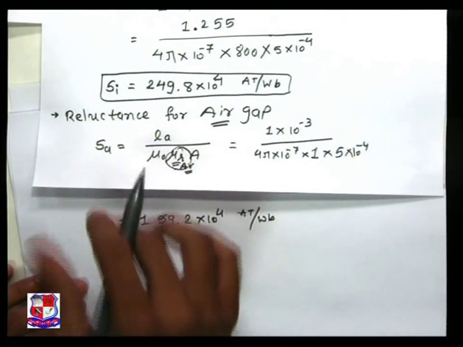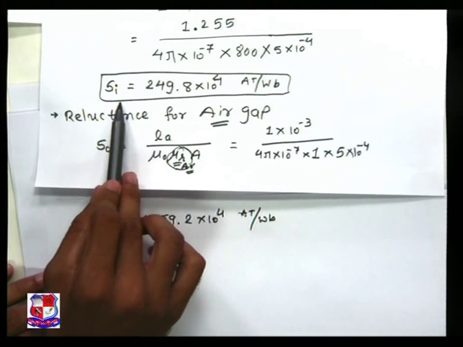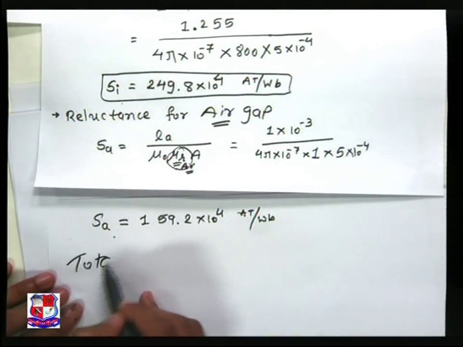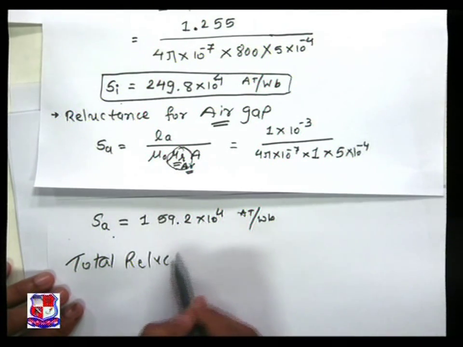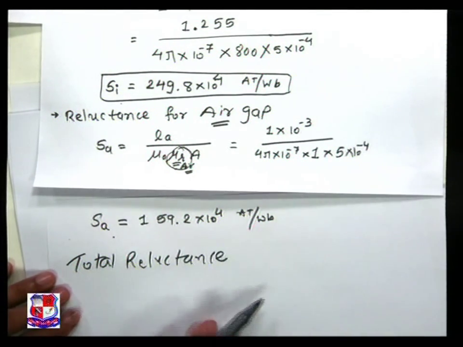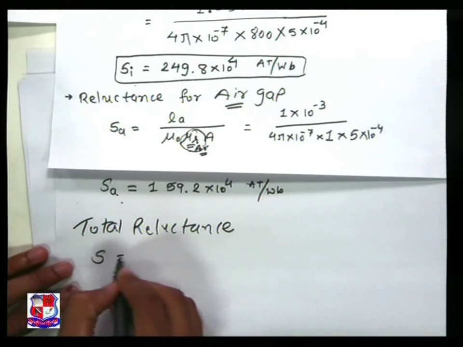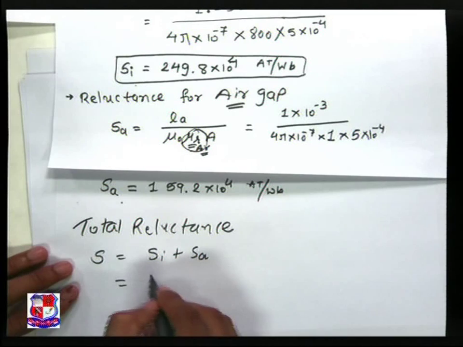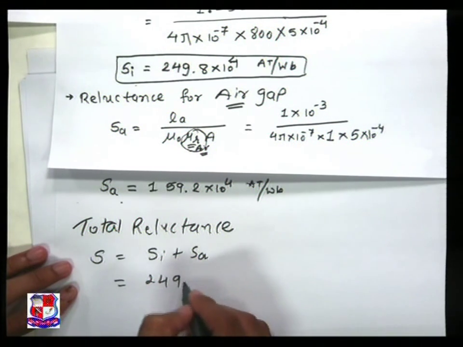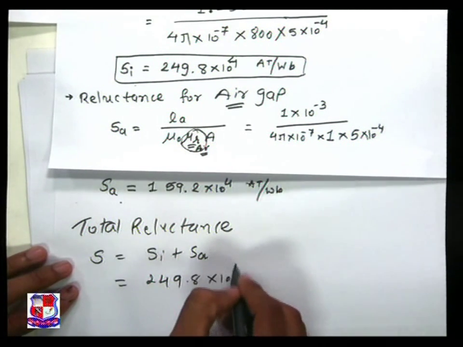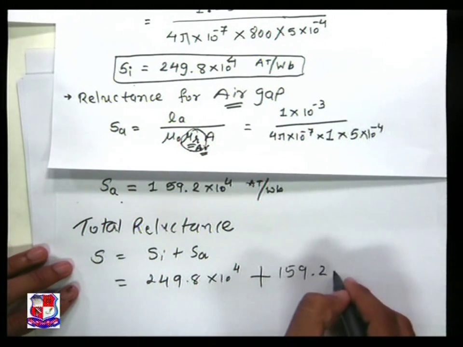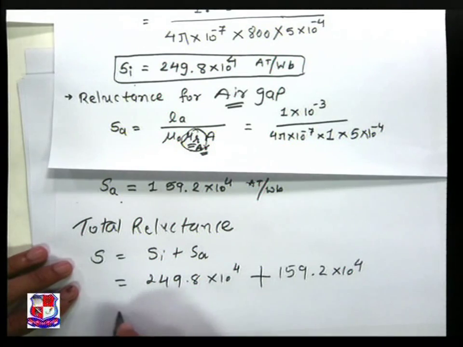So I get SI, the iron core reluctance, and I get the air gap reluctance. So total reluctance is given by S equal to SI plus SA. SI is 249.8 into 10 raised to 4 plus 159.2 into 10 raised to 4.